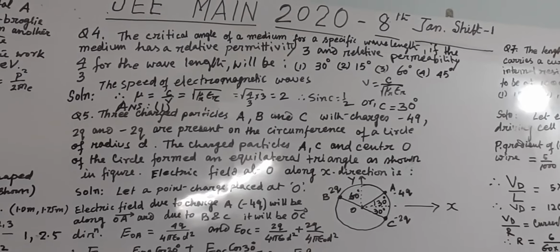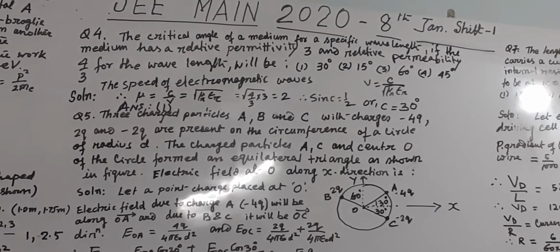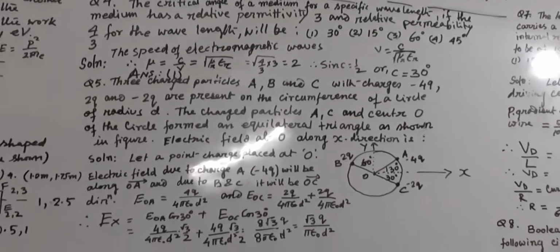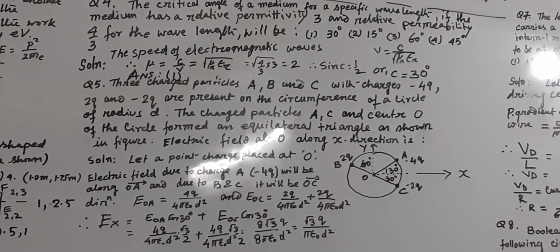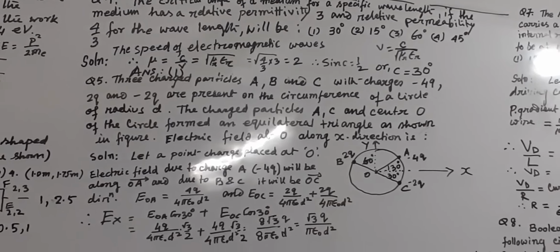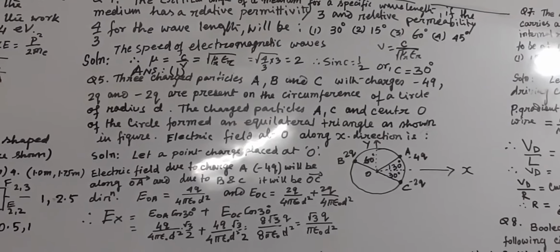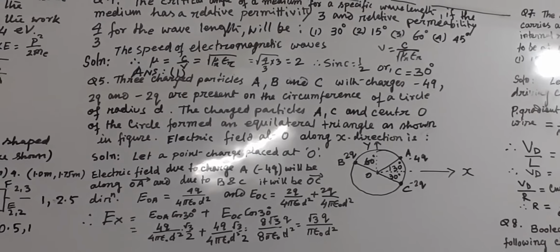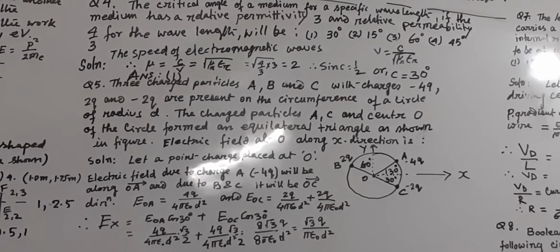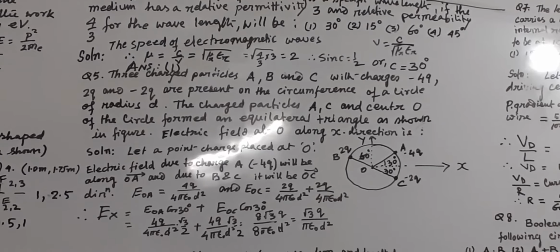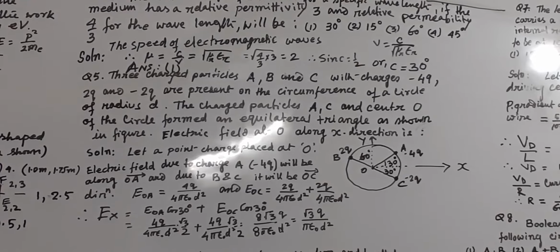Substituting both the values we will get mu equal to 2, and we know the standard critical angle equation will be sin C equal to 1 by mu, and substituting the value of mu we can see C will come 30 degree. So, the critical angle is 30 degree. The correct choice is choice number 1.